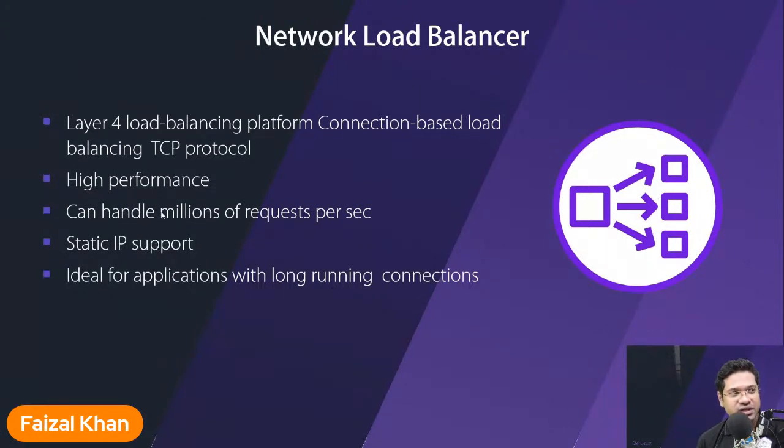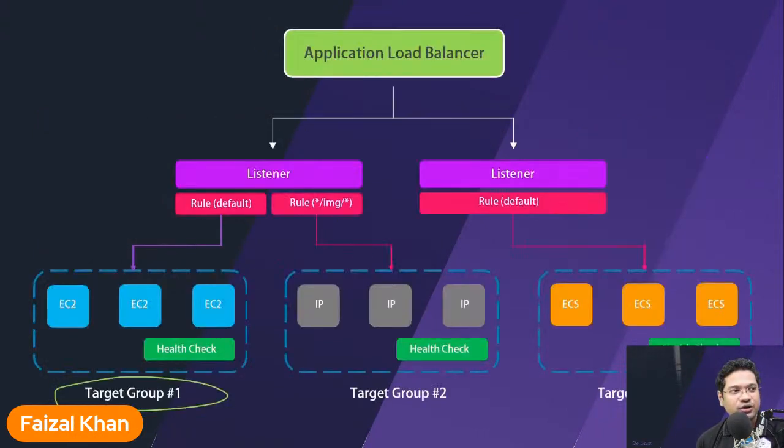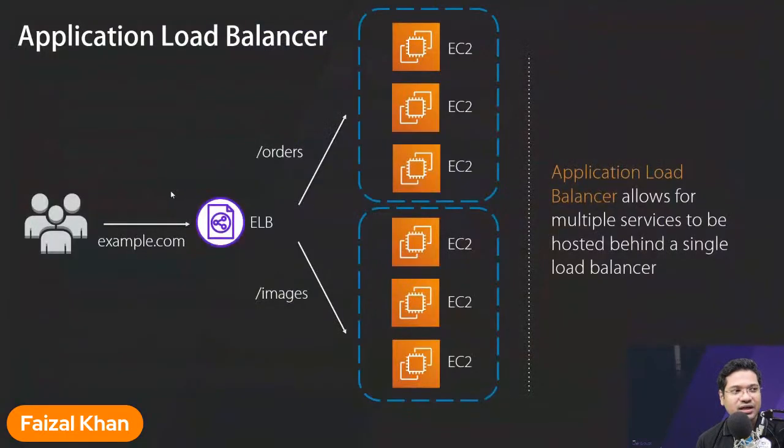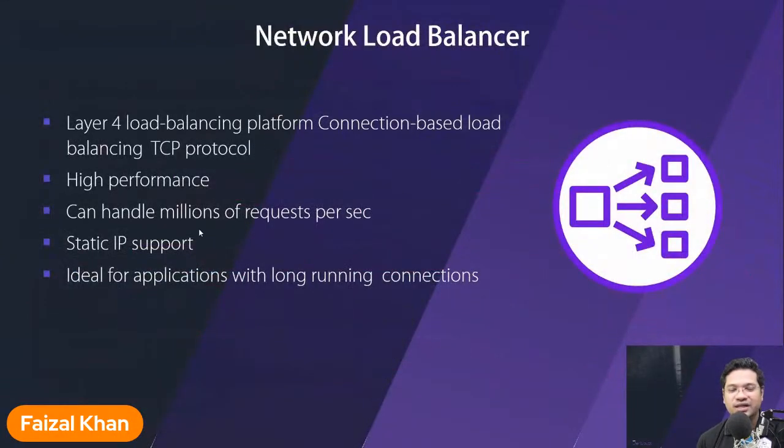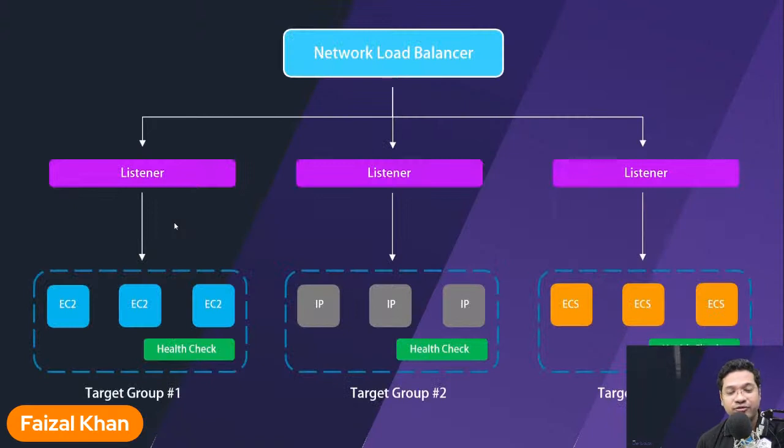The only difference here is that this works on layer 4, which means unlike your application load balancer, it cannot see what the user is typing in, because that's happening on layer 7. So it's kind of like your classic load balancer, which doesn't see what you're typing in, but it has some additional functionality. And because it's on layer 4, it can work on different ports, right?